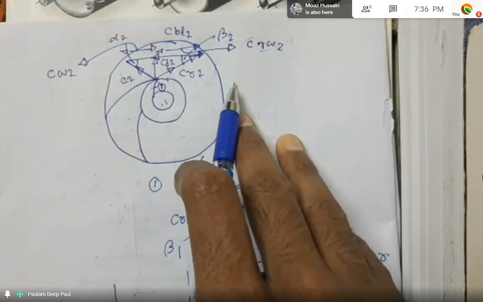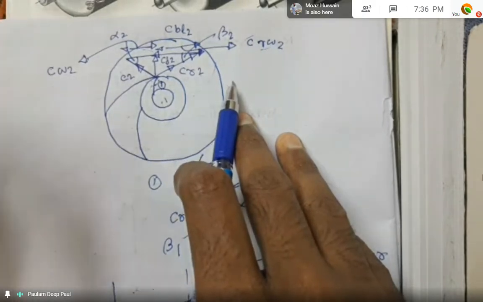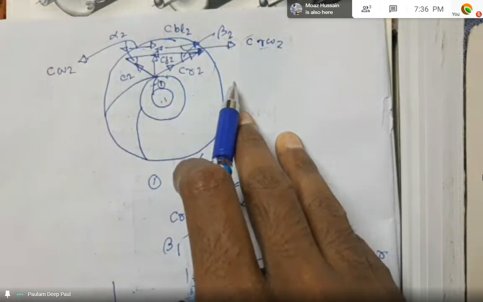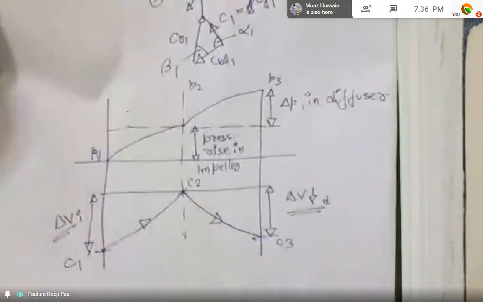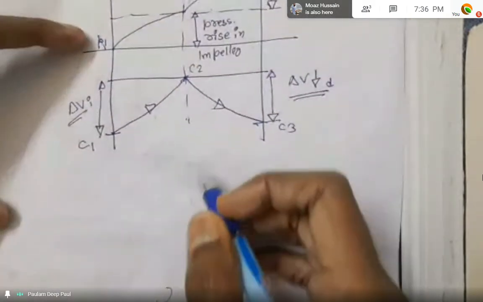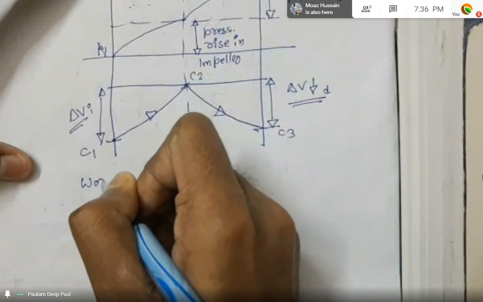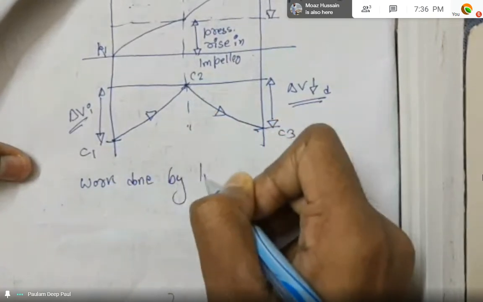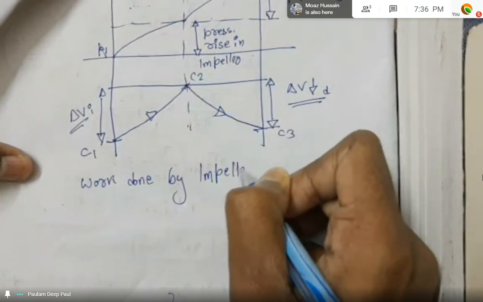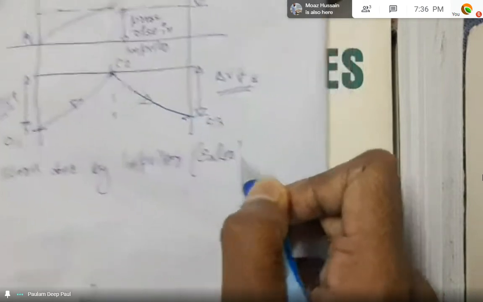That would be much neater, and for the relations that I'm going to write down, it will be much easier for you to follow from a clean diagram, not this congested diagram. So we'll be calculating the work done by the impeller, which is also known as Euler's work.